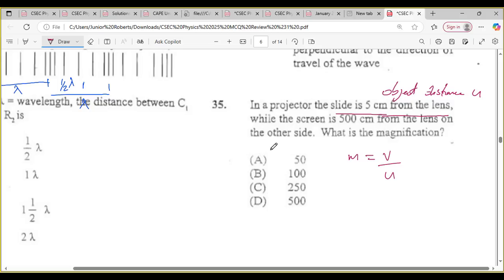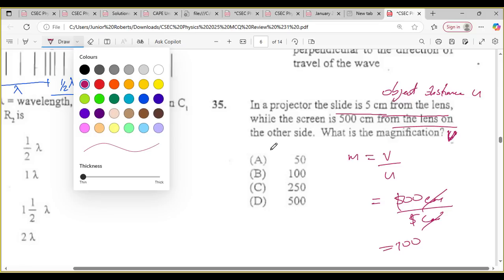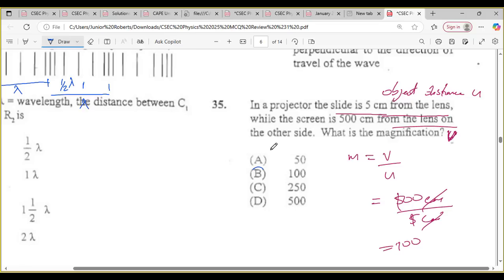And we're told that the screen is 500 centimeters from the lens, so that's going to be our image distance, which is V. So in this case now we can say V is 500 centimeters divided by U, which is 5 centimeters. Divide that out and we're going to get simply 100, and the units cancel off. So our answer in this case will have to be B, 100.